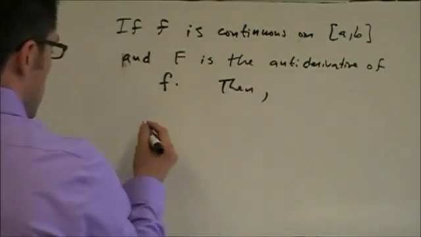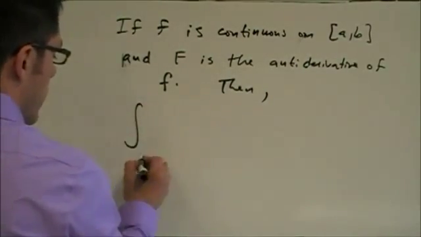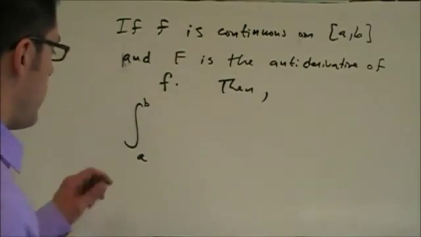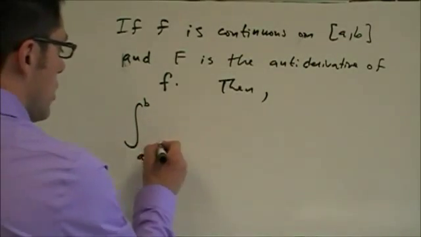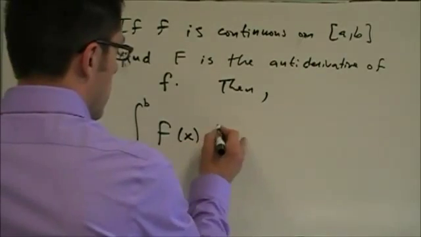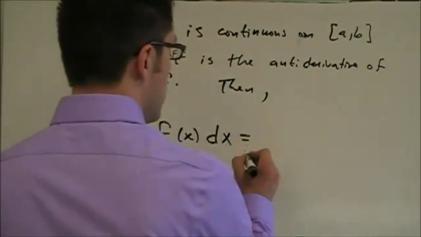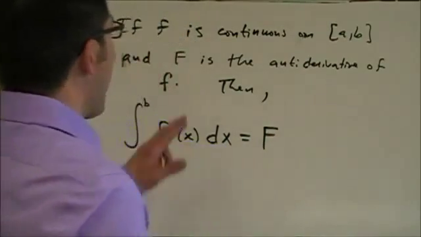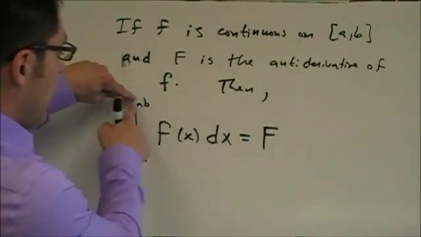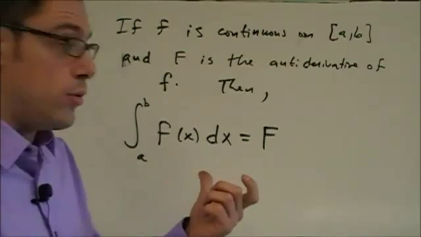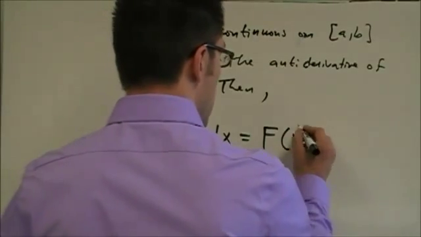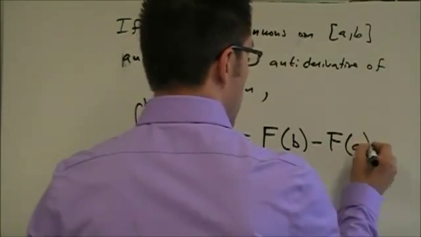Then we have that if you integrate from a to b, or you find the antiderivative from a to b of my function f of x dx, it's exactly equal to the antiderivative at these values, the difference of the two. In other words, it's F of b minus F of a.